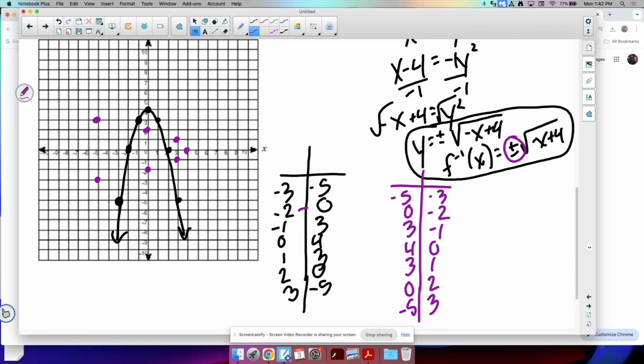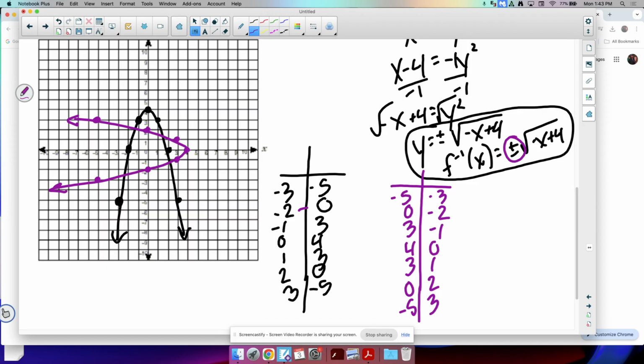You already switched your table, so -5, -3 means go back 5, down 3. When you connect it, what happened to our graph? Yeah, it turned. So an inverse is a reflection over a diagonal line. When you graph this, it should look similar, but it should just be turned a little bit, rotated, reflected.